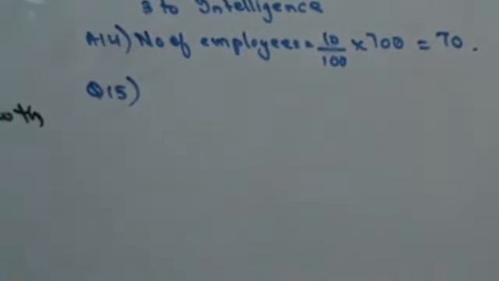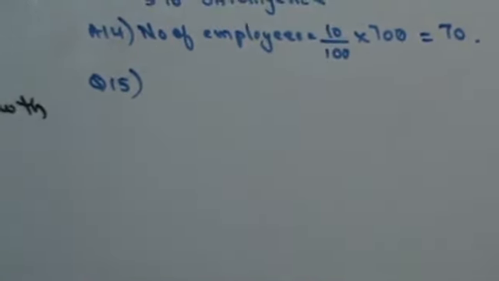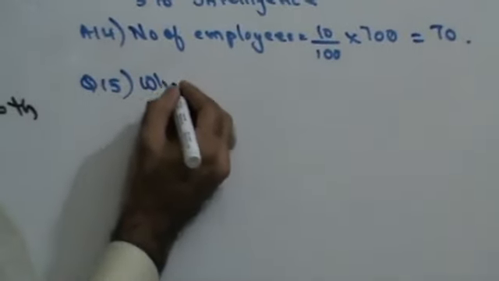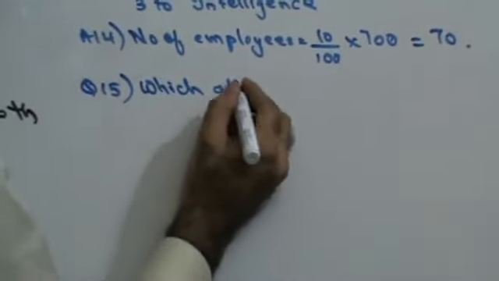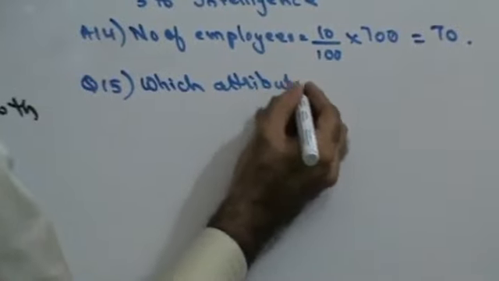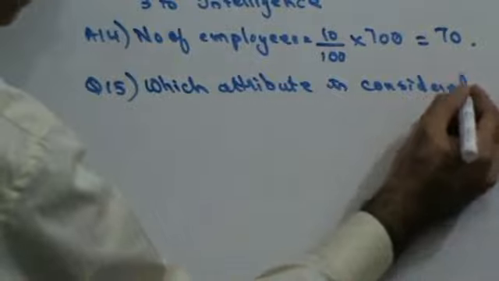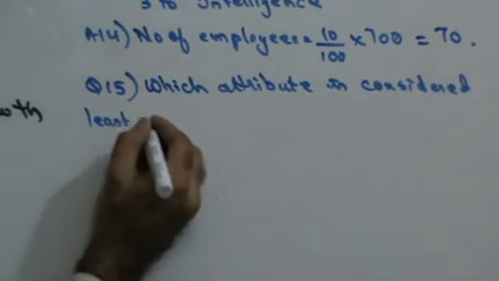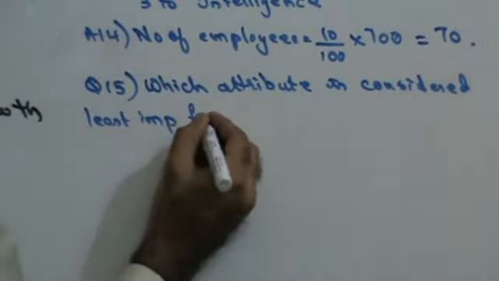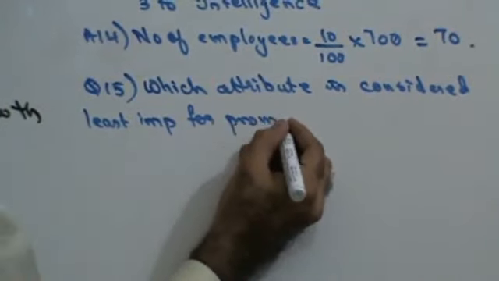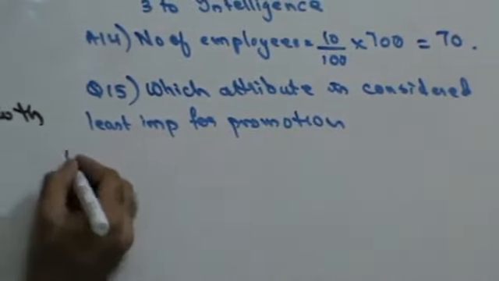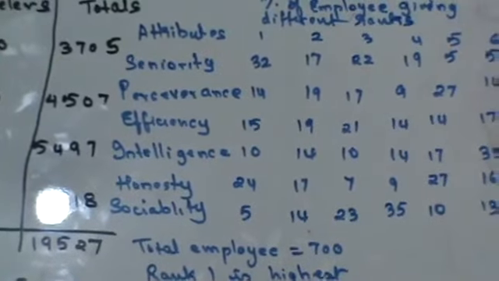Which attribute is considered least important for promotion? Now, least important means I should look at rank 6.